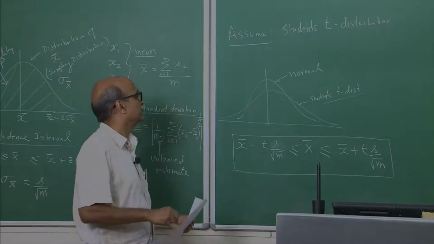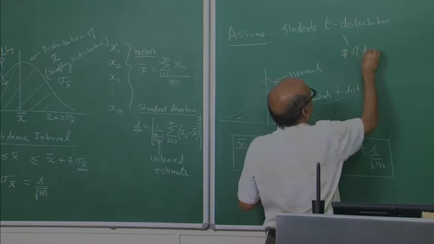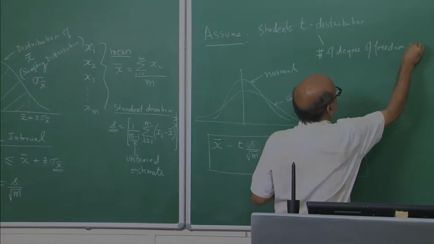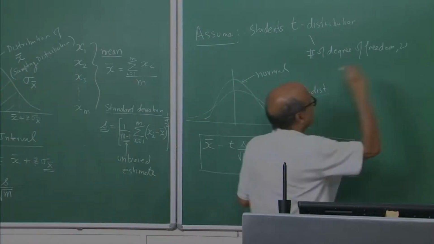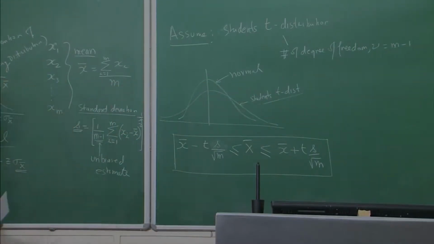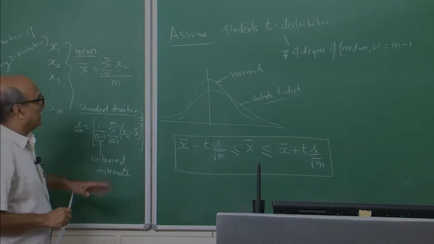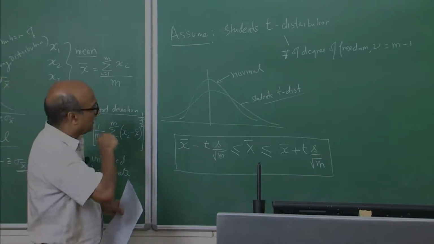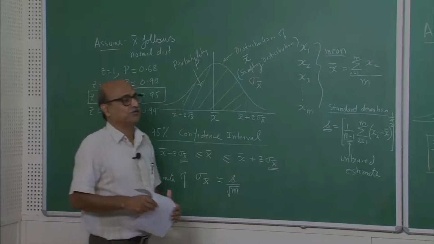And in fact, the t distribution varies with what is called the number of degrees of freedom nu, which in these kinds of problems is simply equal to m minus 1. So, let us look at a table of t values for, let us say, a confidence interval of 95%.